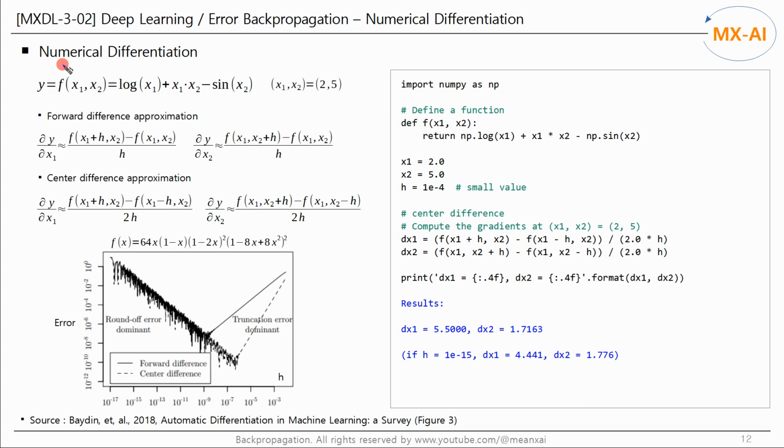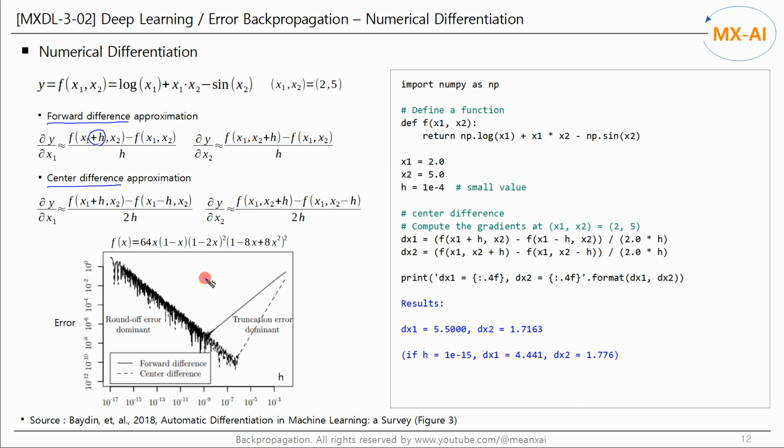Let's take a brief look at numerical differentiation. We've covered this before, but let's take a quick look at it again. The forward difference method is like this. It measures how much the function f changes when x changes by h. Here h is a small value. Center difference method is like this.